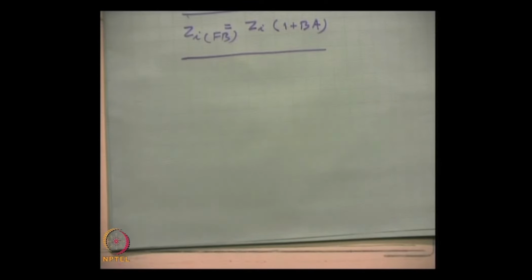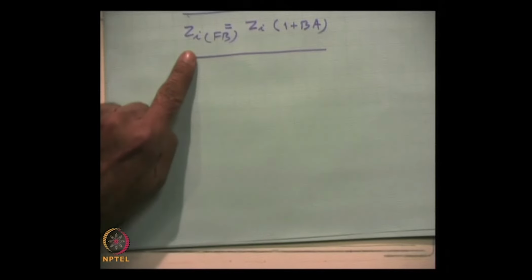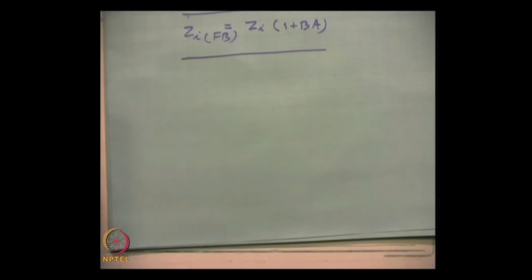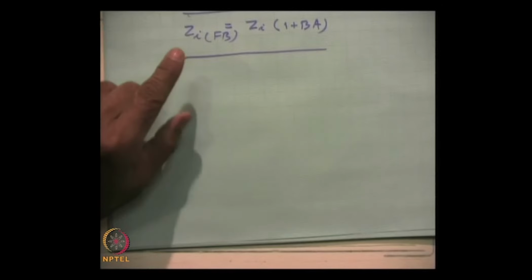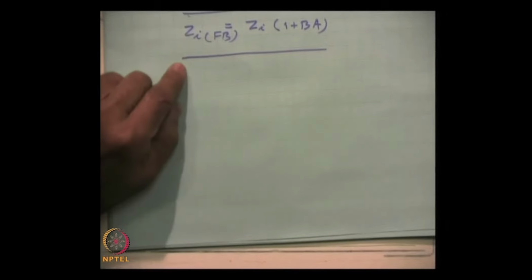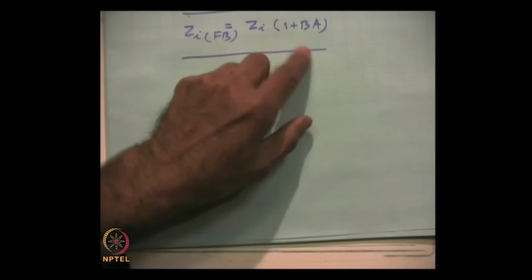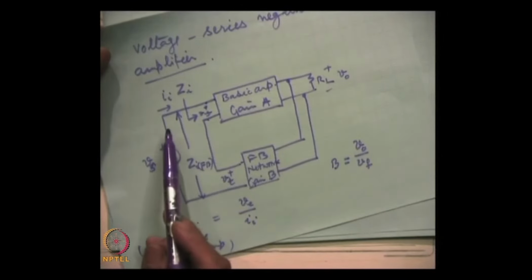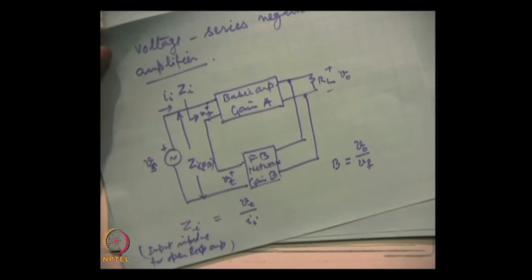This is the relation. We get the relation that how much modification in the input impedance will occur in this voltage series circuit which is under consideration by incorporating feedback. The input impedance becomes high by the factor 1 plus BA, and this is again because this is a series connection at the input, and in those two resistances example, the resistance was supposed to increase.